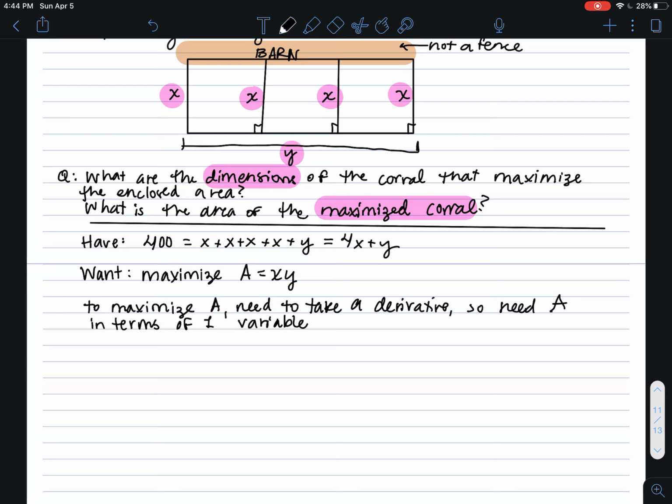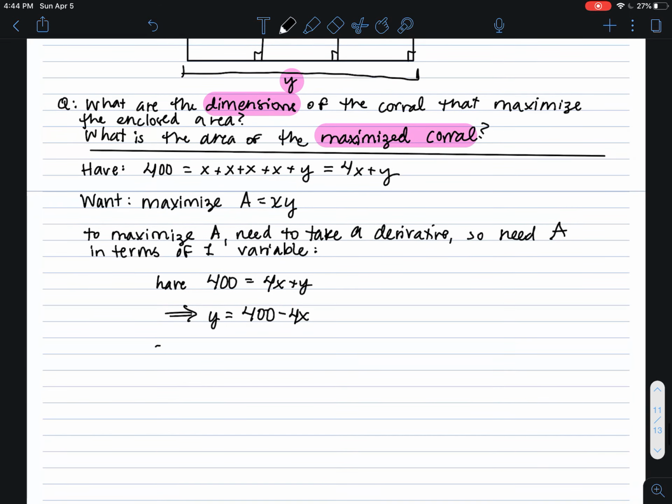Okay, so we can do that because we have 400 is equal to 4x plus y, which gives us y is equal to 400 minus 4x.